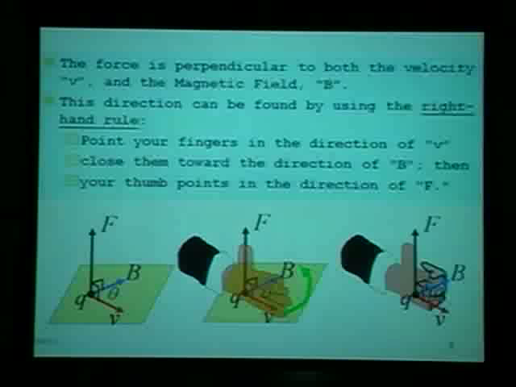So that's the direction of your cross product, v cross B. If the charge were negative though, then you'd have to flip the opposite way. So you do the cross product, and then the force would be the opposite way if the charge were negative.